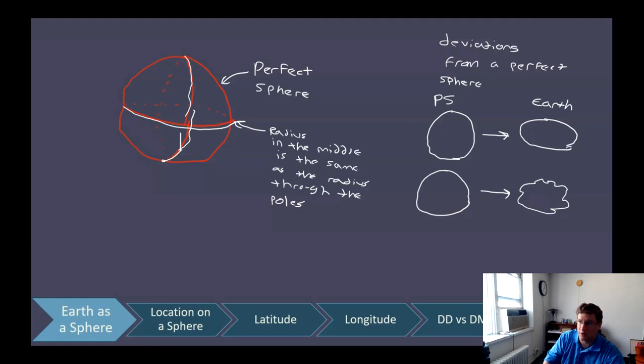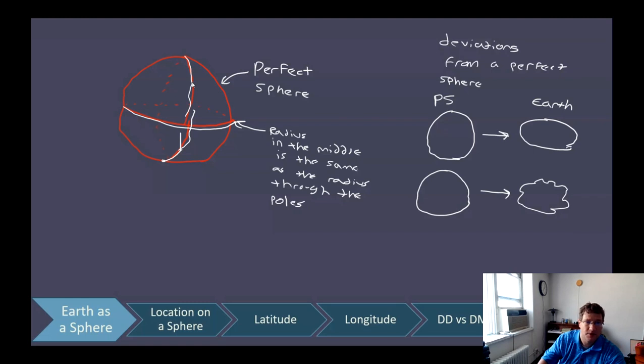But long story short, we assume a perfect sphere, meaning we assume that every point on the Earth's surface is equally distant from the center, and that the radius north to south matches the radius east to west. So what does that allow us to do? Why are we making that assumption?